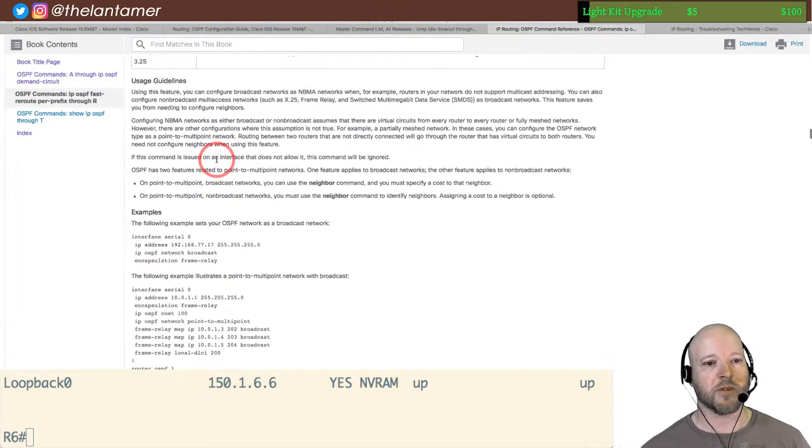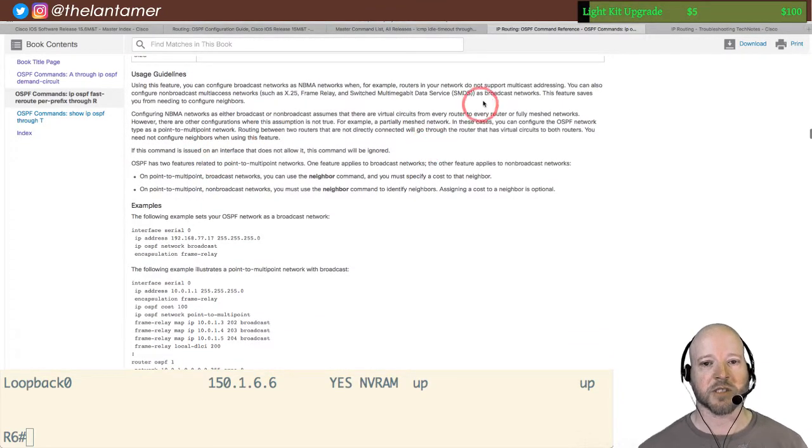Using this feature, you can configure NBMA networks when, for example, routers do not support multicast addressing. You can also configure non-broadcast multi-access networks, frame relay, as well as broadcast networks. This feature saves you from needing to configure neighbors. Yeah, it talks about virtual circuits, which is frame relay.